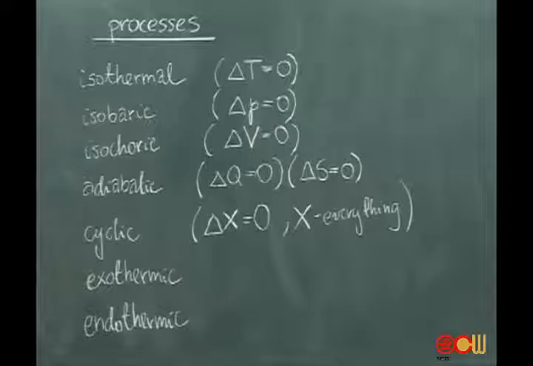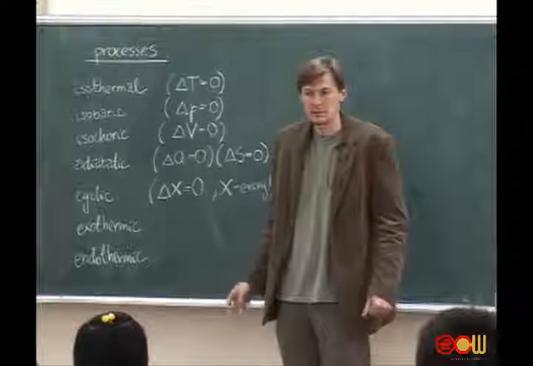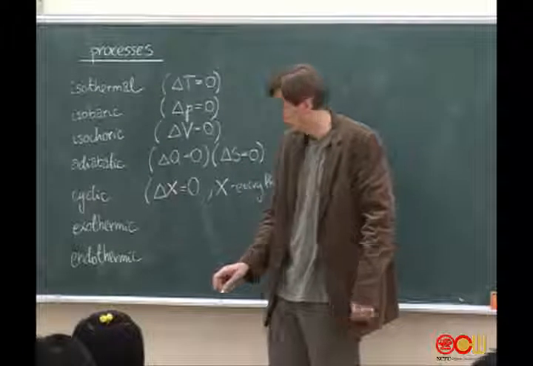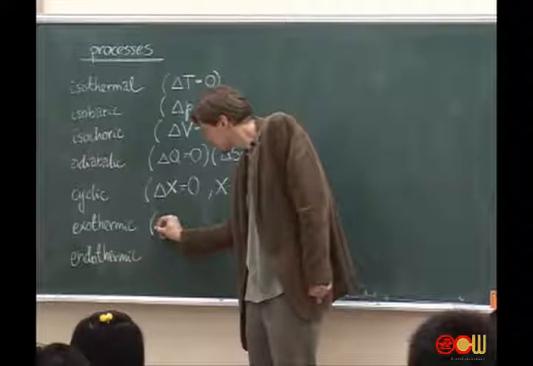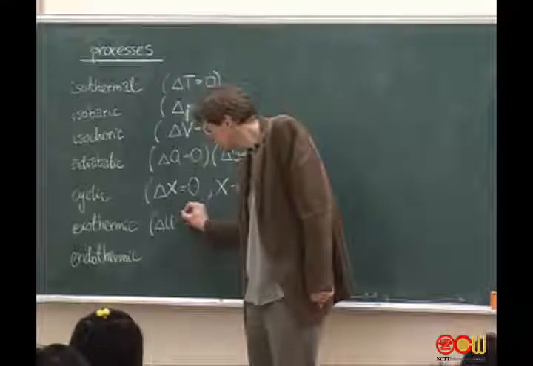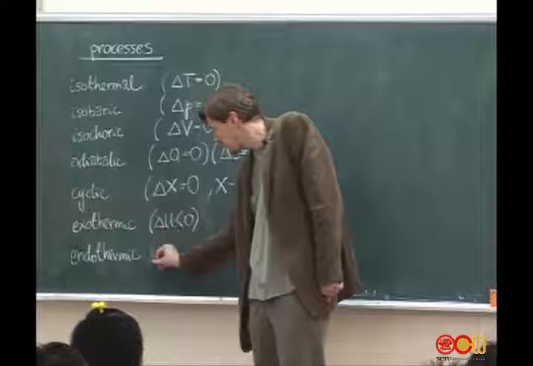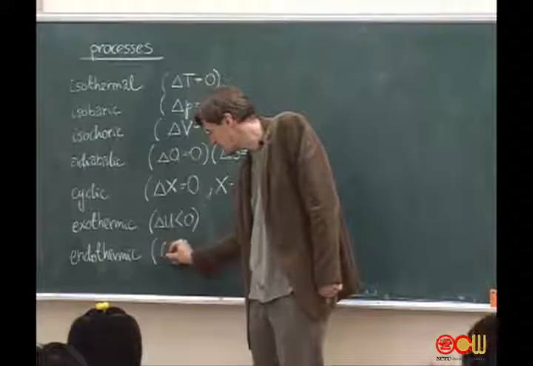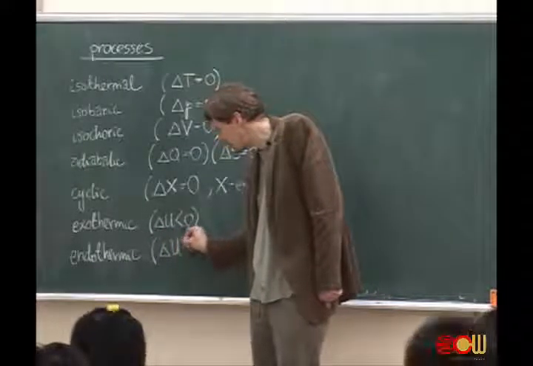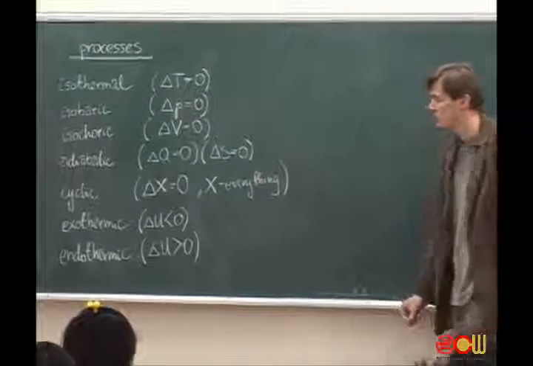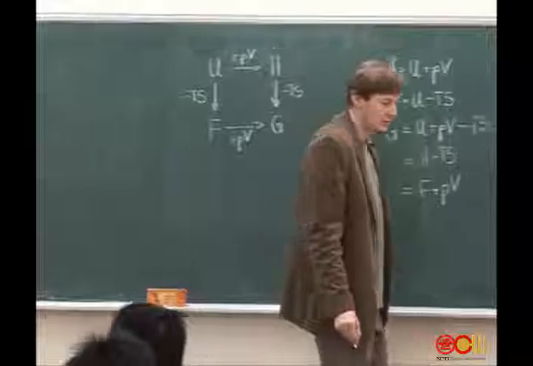Exothermic means the system gave outside some heat. So the energy of the system went down. So change in the system energy is smaller than 0. Endothermic means the system took some heat from outside. So the system's change in energy is larger than 0.